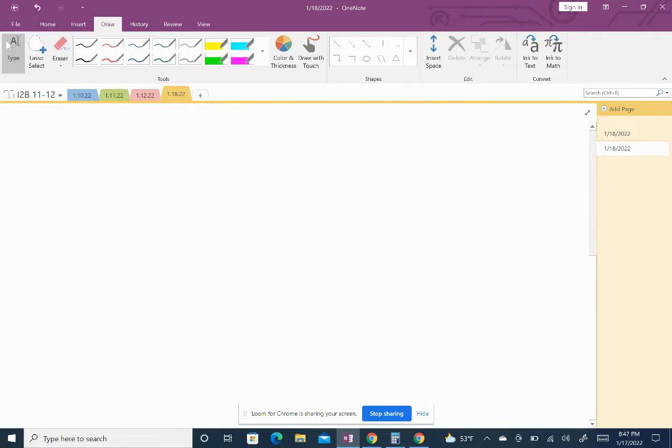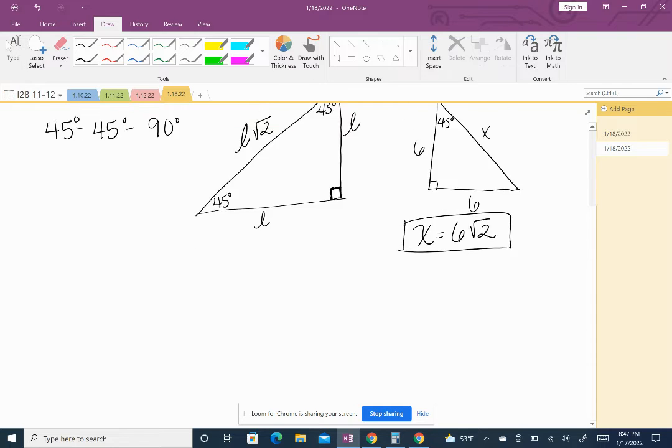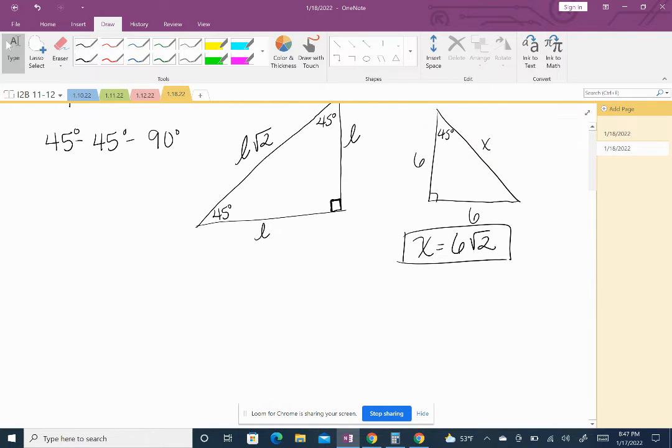Okay. And our other special type of right triangle is going to be our 30, 60, 90. Let me just write special right triangle.